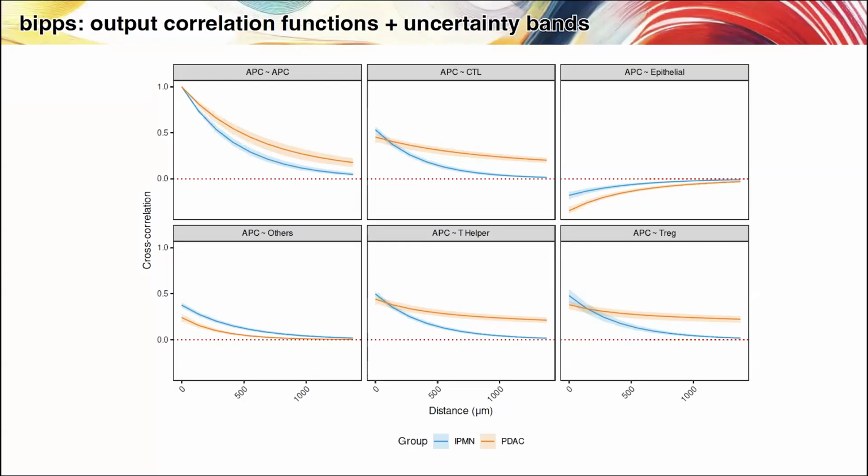A somewhat interesting finding is that although the way in which APC and T helper co-cluster is very constant in space, meaning they still have strong correlations later, at zero distance, the way in which they associate immediately close to each other is actually stronger in IPMN. Although there's not much difference statistically speaking, if you didn't do uncertainty quantification, you wouldn't know where to put the band, or whether these two are actually different from each other.